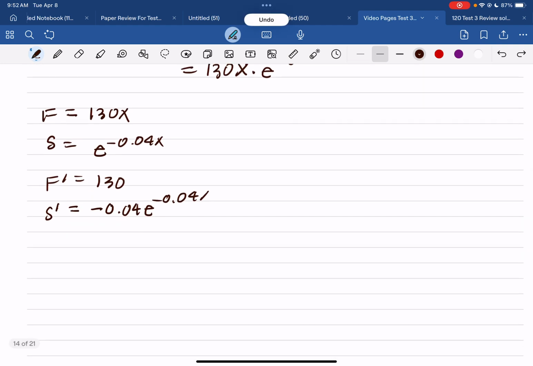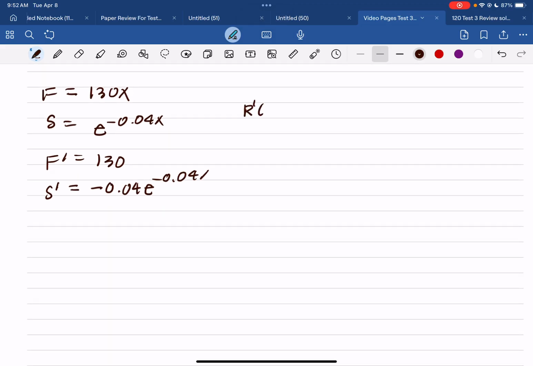So labeling this as r prime of x, I'm going to do first times derivative of the second plus second times derivative of the first.